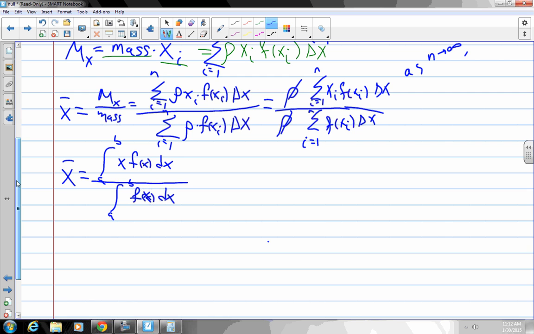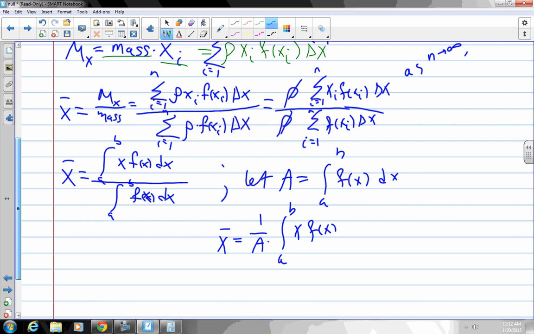So again, the way we really think about this formula, if we let that area, again we used A for that, represent the area under the curve, then you can always think of this formula as 1 over A times the integral from a to b, x f of x dx.